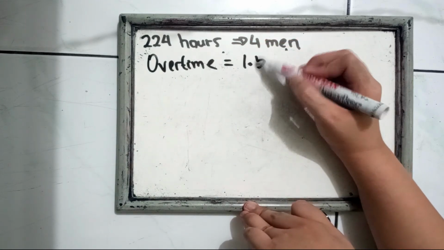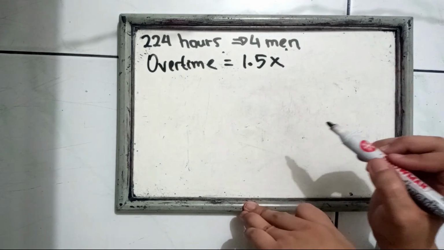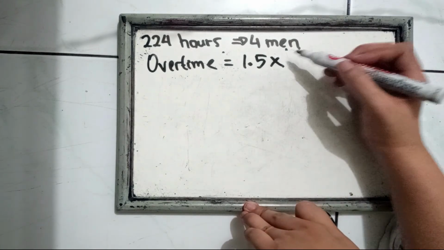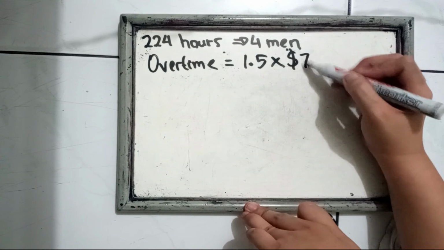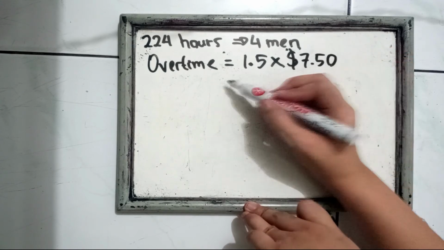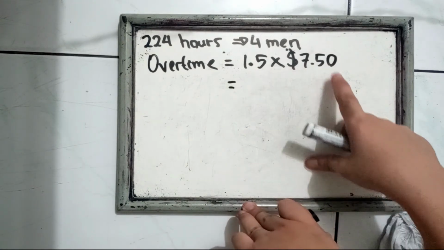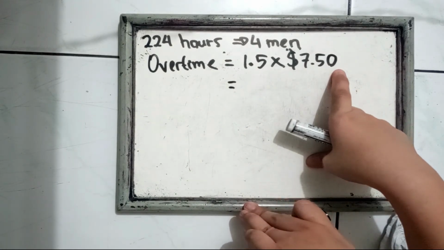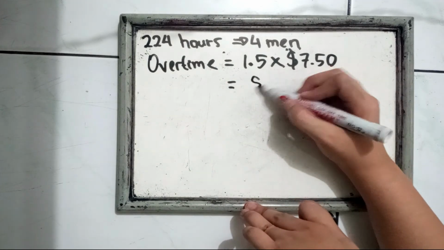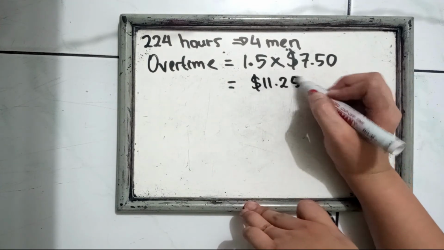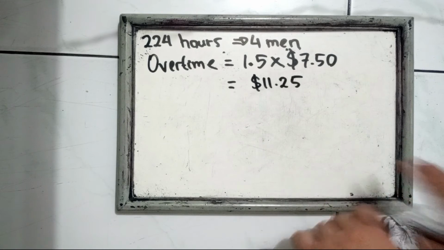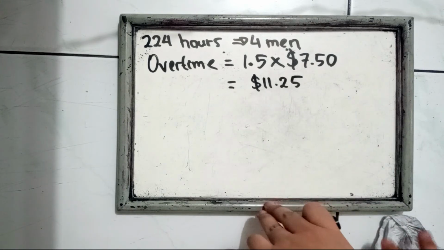It means 1.5 times the hourly rate. The hourly rate is $7.50. So for working overtime, they will get 1.5 times $7.50. It means $11.25. This is what they will get for working overtime.